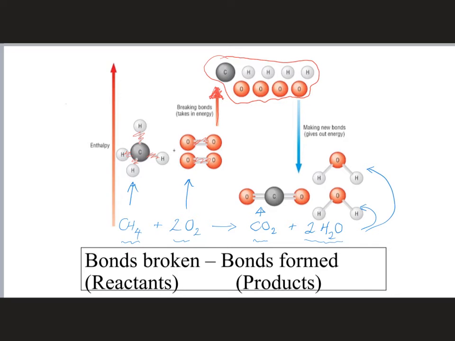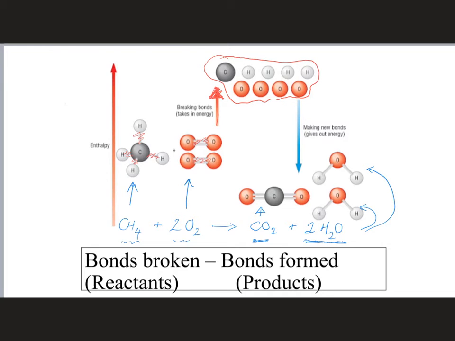Now all of those atoms have been separated, we can start to make new products. And the products of the reaction, as we've seen, are carbon dioxide and 2 molecules of water. So what's going to happen is new bonds are going to be formed.